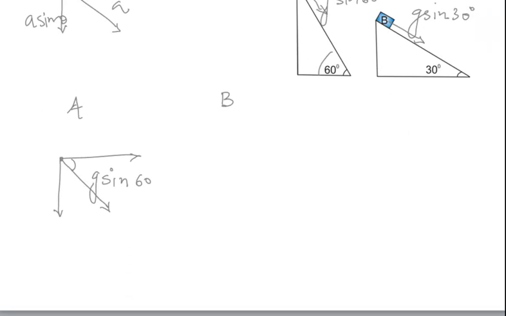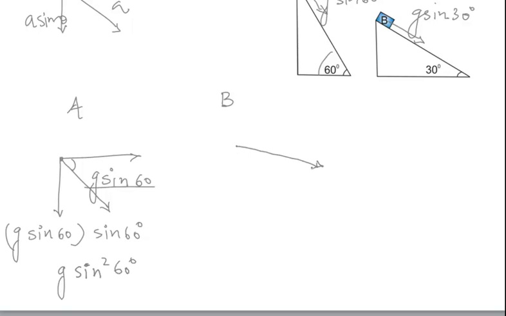So the component of this acceleration in the vertical direction will be g sine 60 into sine of 60, which you can write as g sine square 60. Similarly, in the case of B, the vertical acceleration would be g sine square 30.